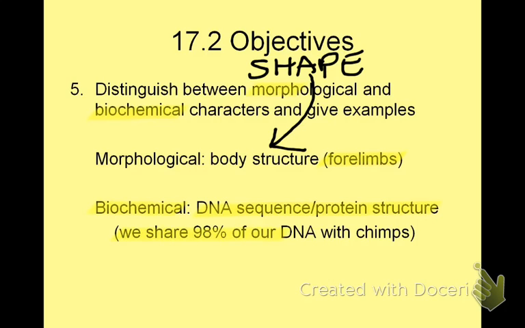And one of the statistics that we know is that we share 98% of our DNA with chimps. So the difference between morphological, morph meaning shape or body structure, and biochemical, where we're looking at the chemical makeup of living things, is the DNA sequence and protein structure.